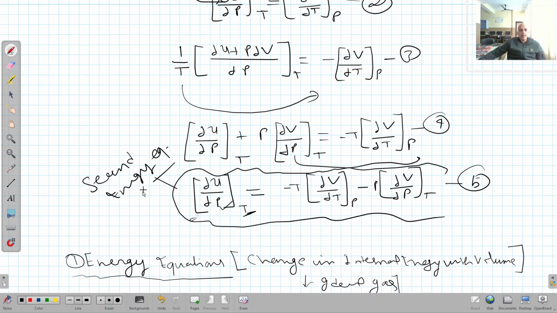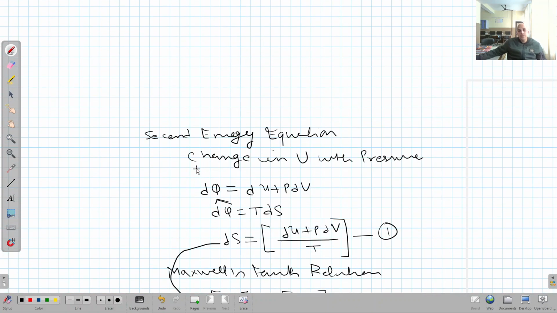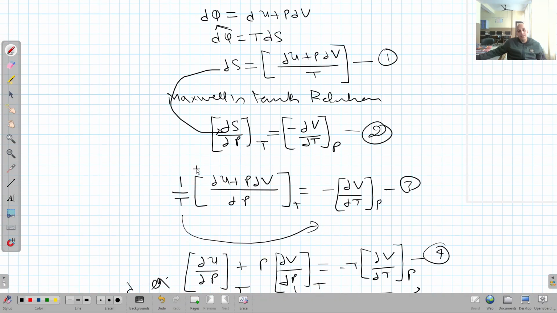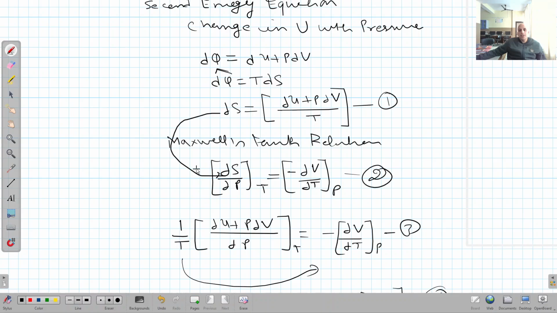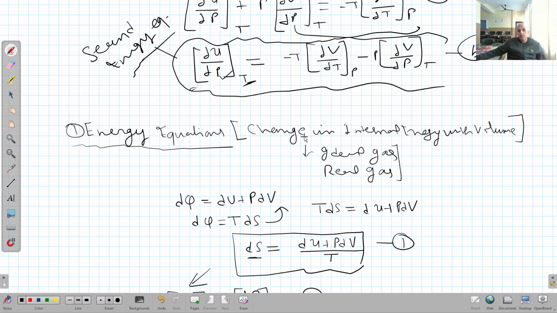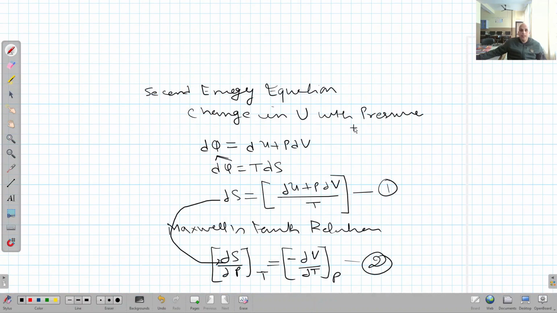By taking the help of this equation, we can now calculate two different situations, the situation of an ideal gas and the situation of a real gas. So this is all about these energy equations, the first energy equation and the second energy equation. The first energy equation deals with the problem when the change in internal energy is with change in volume, and the second energy equation deals with the problem when the change in internal energy is with change in pressure.